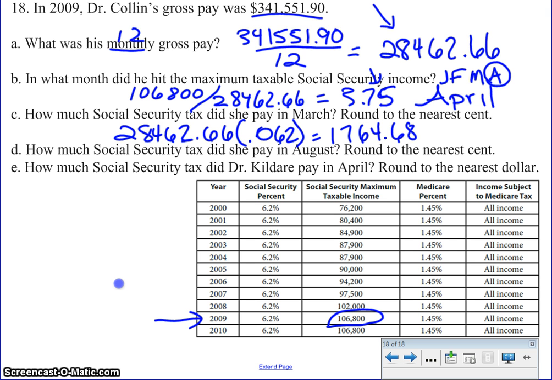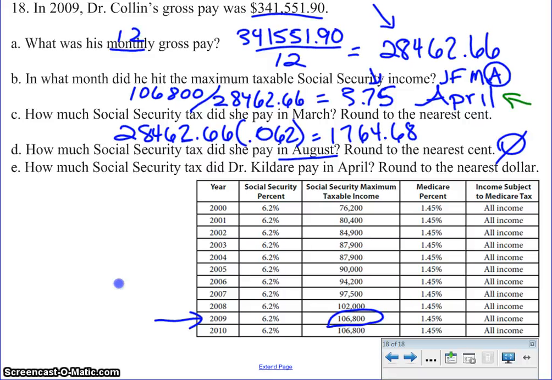Question D, how much Social Security tax did she pay in August? Well, the last month that she paid Social Security tax was in April, so August is after April, therefore in August she paid 0.